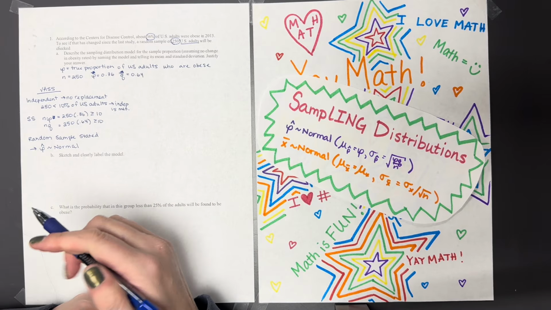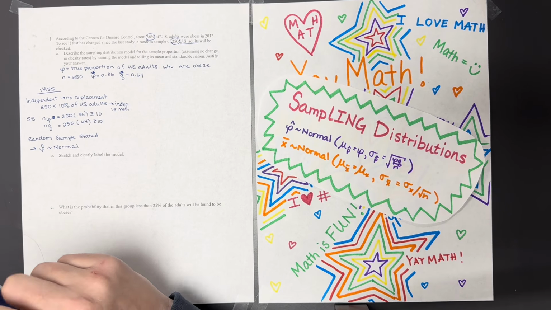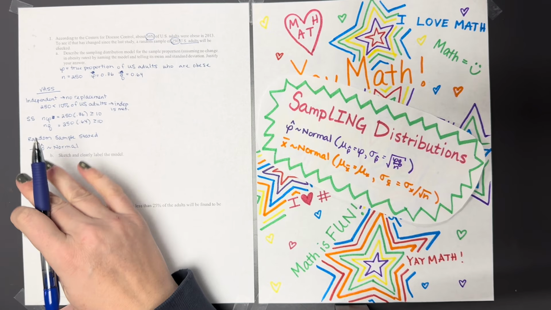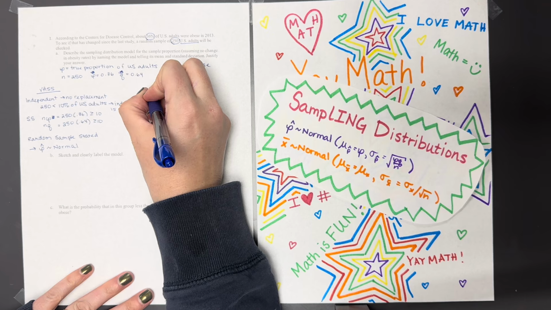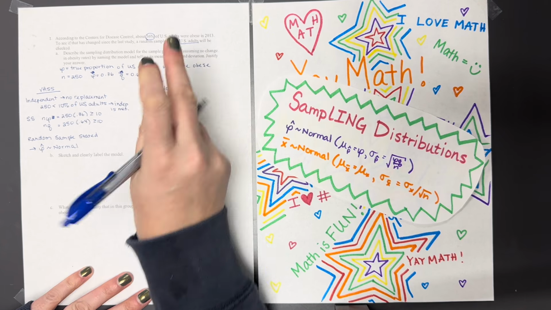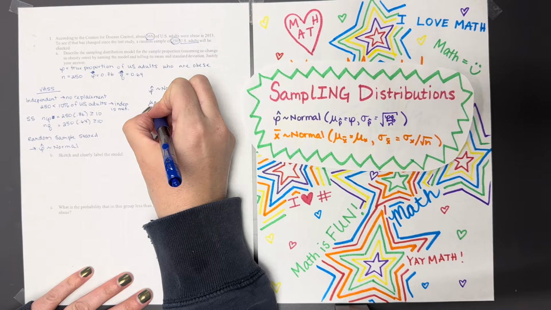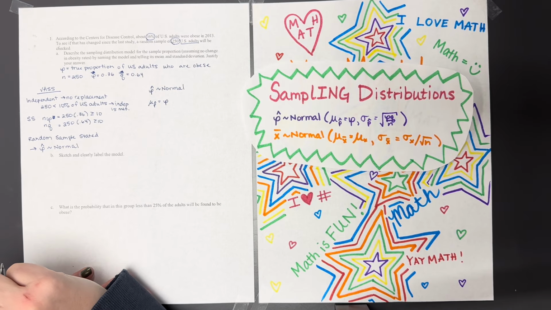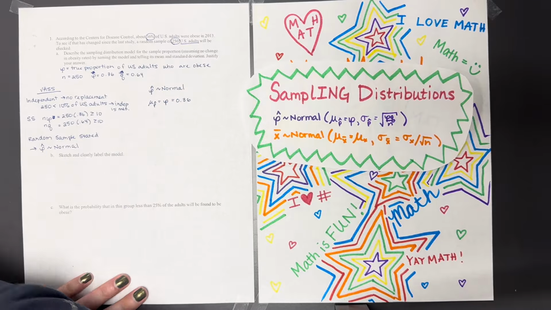When we're asked to name a model, here we're asked for the mean and standard deviation, but you may be asked for the parameters of the model. When we're looking at a normal model, the parameters will be mean and standard deviation. So p hat is approximately normal. The mean of this distribution is equal to the true proportion, which we know to be 0.36.